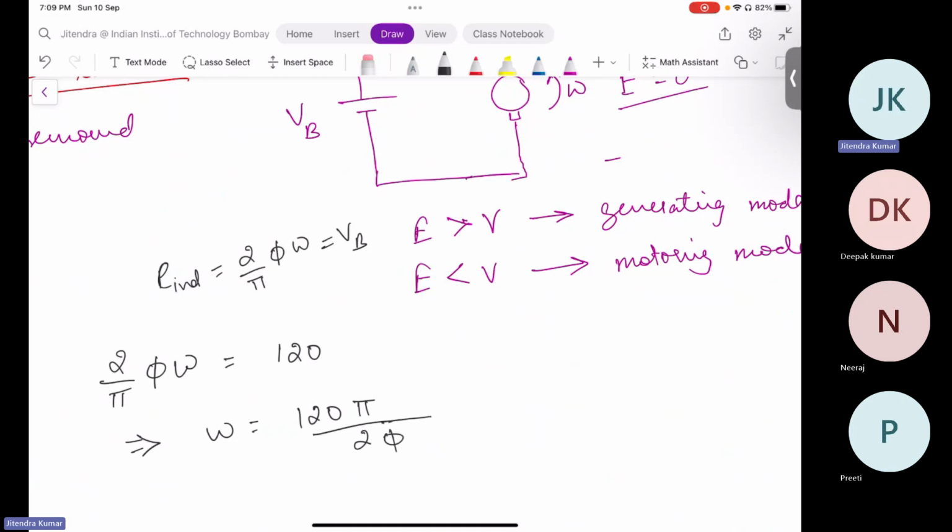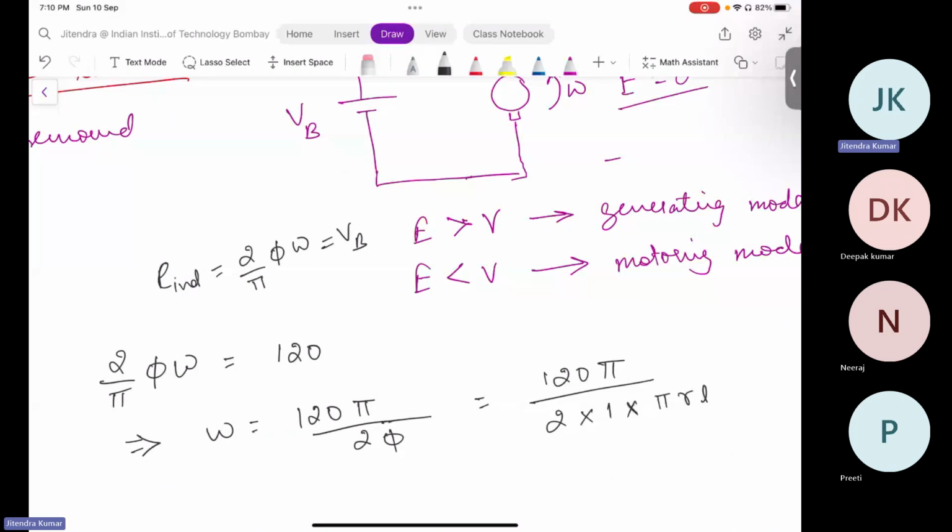And phi we can compute as B into A, and B was given. Area per pole is equal to pi RL.